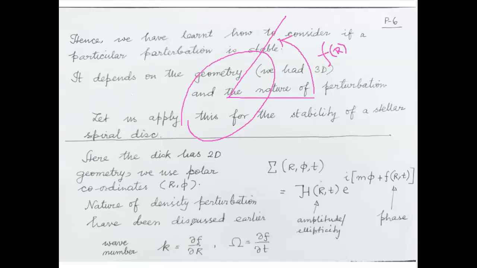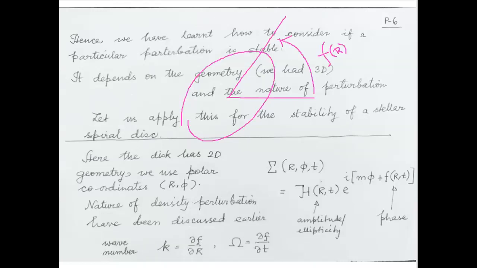The wave number in this setup is given by del f del r, and the omega, which is the speed of the azimuthal rotation, is given by del f del t. So these things I am not going to show you explicitly, but just take my word for this.